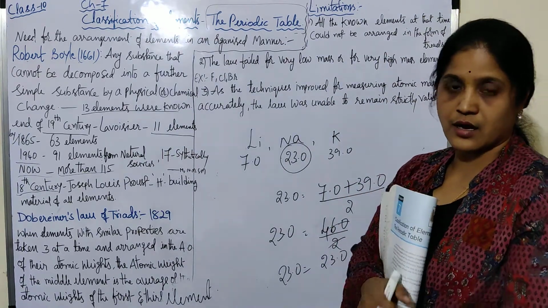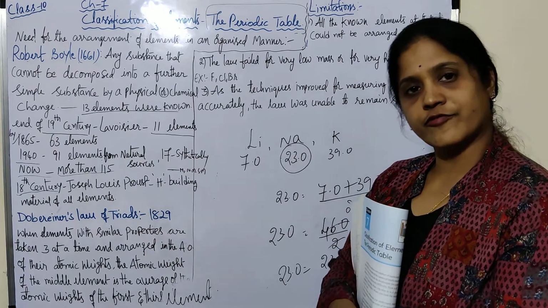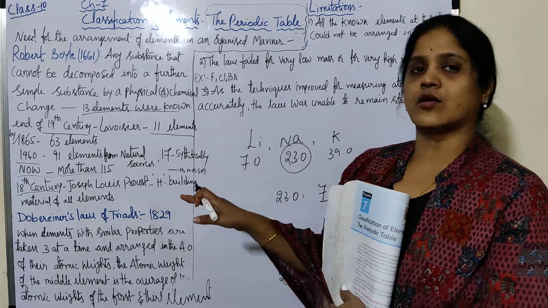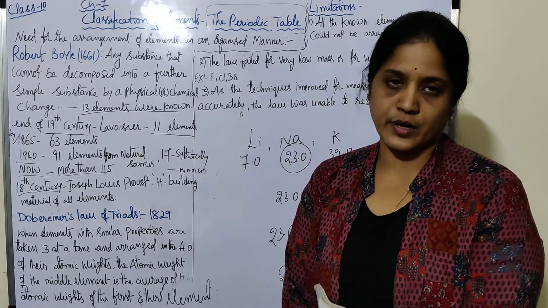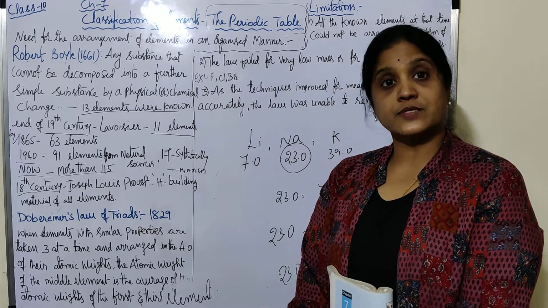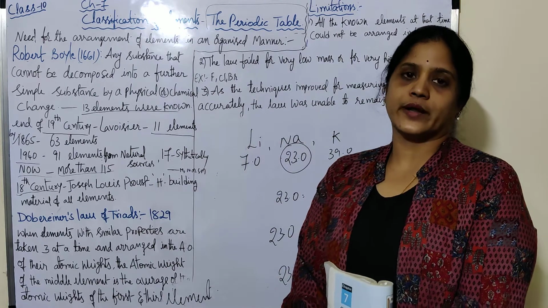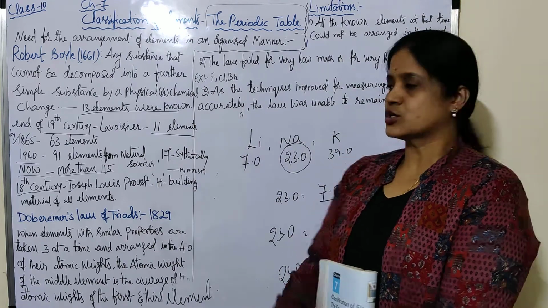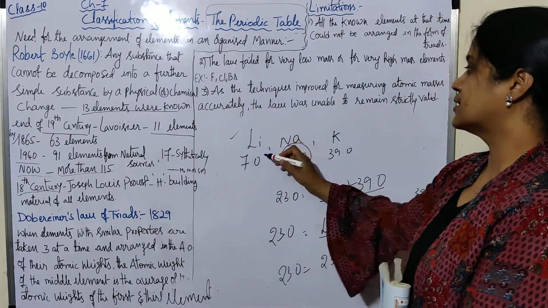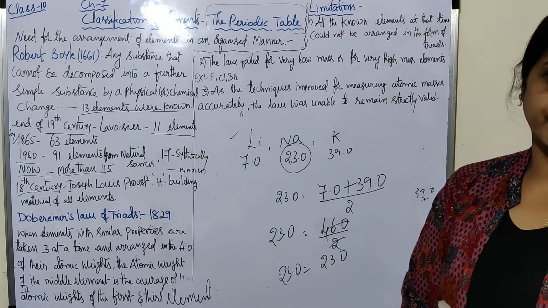So what is that law? Dobereiner's law of triads. This law is very important for 1 mark, and sometimes they will ask you to give an example of Dobereiner's triads. So you have to write lithium, sodium, potassium.